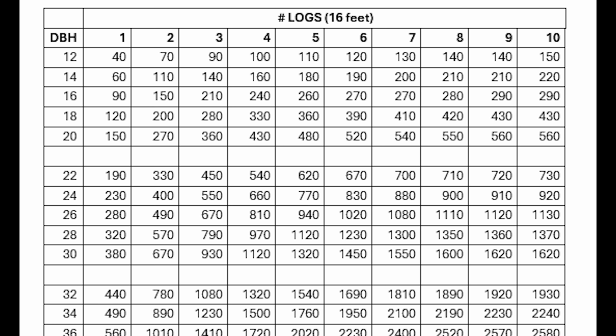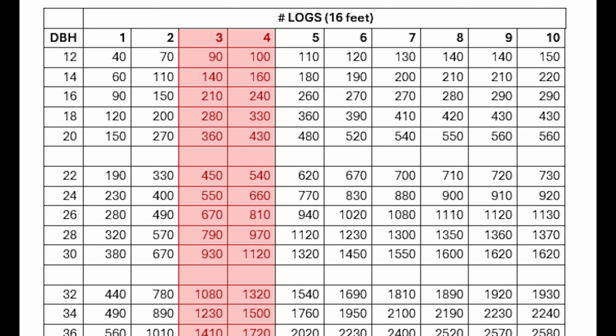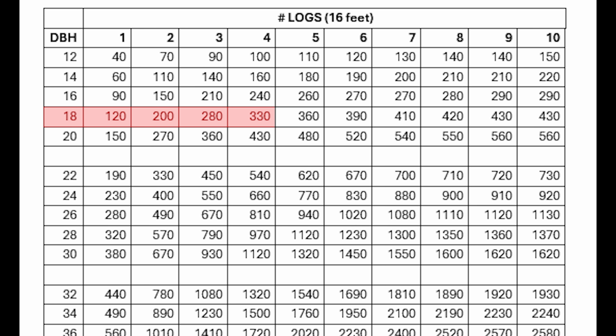Here's one more example of how to use the table for a certain scenario. Earlier, we calculated a tree with 3.5 logs, but the table only shows whole numbers, 3 logs and 4 logs. That's simple to handle. Since the actual DBH was 19, but the table is in the nearest even inch, we round down to that nearest even inch, 18.